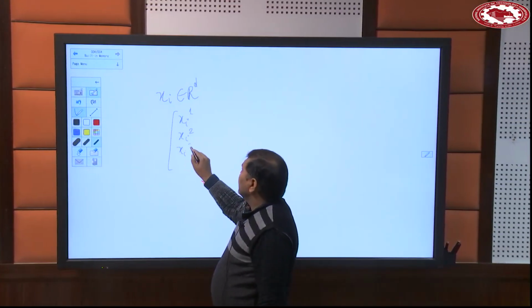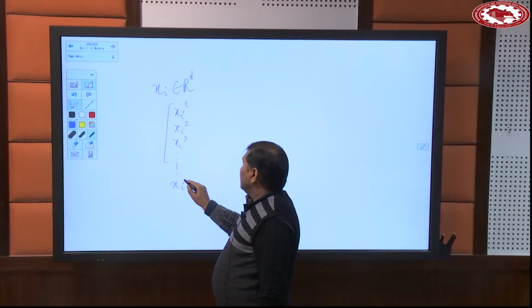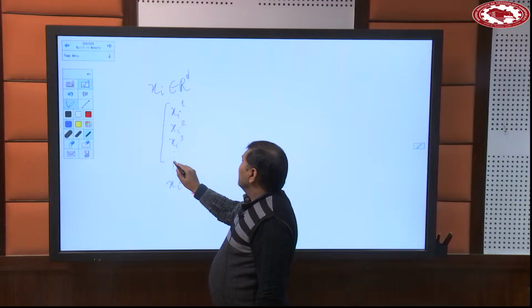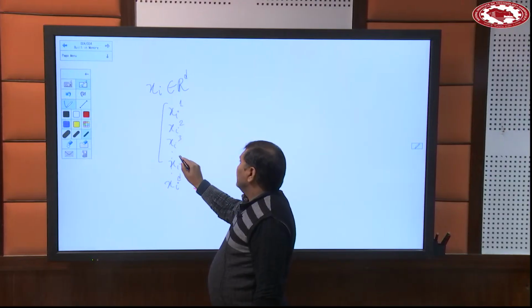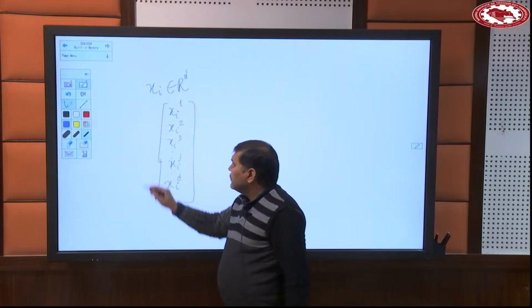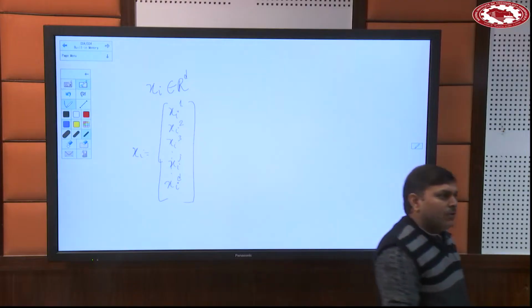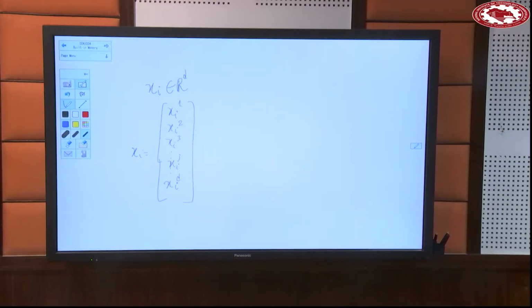This is xi3, third feature value, and likewise you have xid. Maybe in between you have somewhere xij. So, this is your xi, right. So, this is a vector of d elements, right. You can say d cross 1.